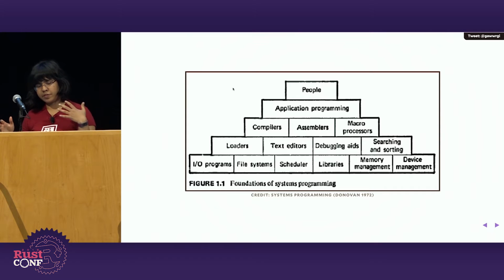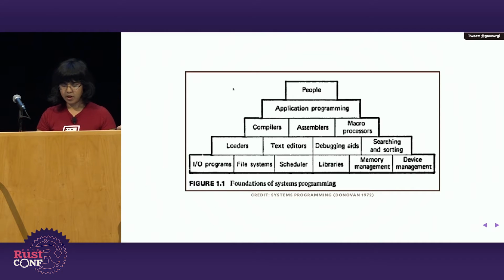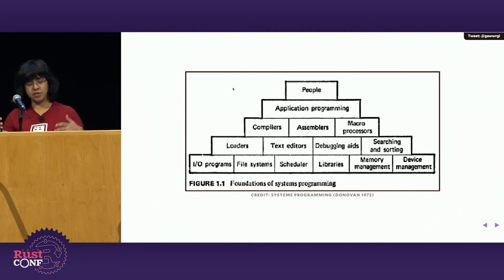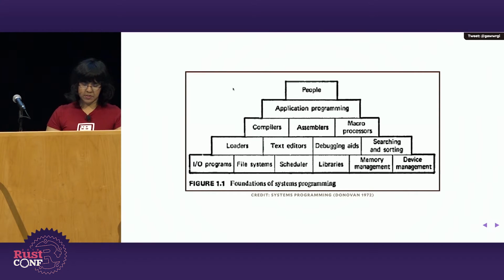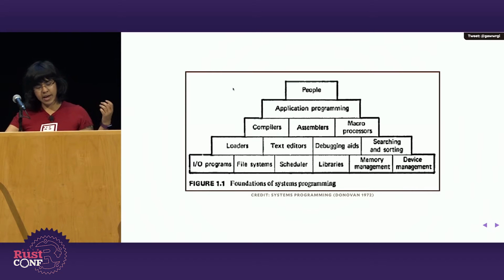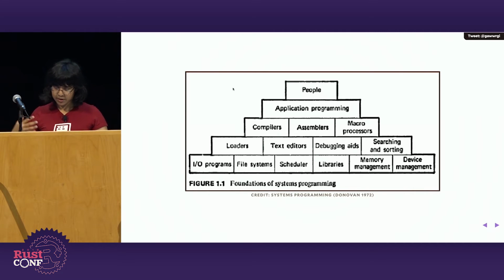And the last paper from the 1970s was the paper called Systems Programming by Donovan. The first time we had computers, we dealt with them using on and off switches. And then we wanted to do more complicated things, like if I have y, which is 50, and I want to calculate x, which is 30 times y, how do I do that?